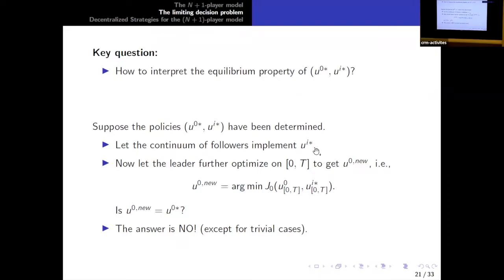Okay, but eventually the follower can do something different for its own benefit. Okay, so there is some sort of a stability problem. Okay, this can be quite serious. So what can we do?